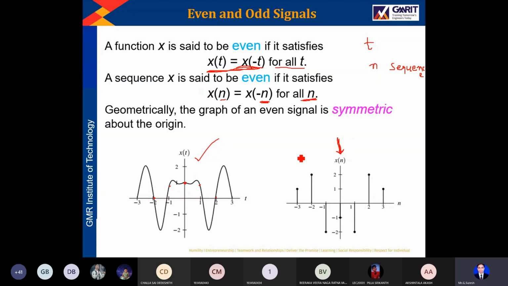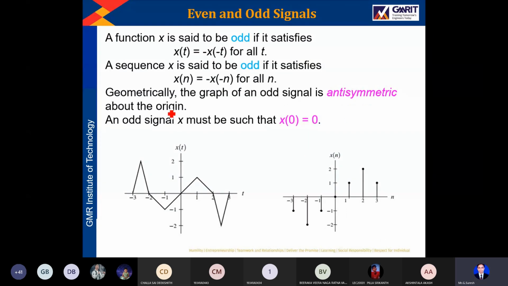Now, on the contrary, you have the odd signal. What is an odd signal? X of t is equal to minus x of minus t. Similarly, for a sequence, x of n equal to minus x of minus n. First we will discuss the discrete sequence.